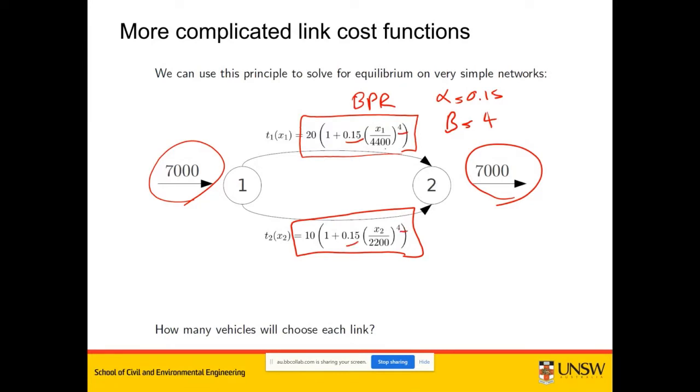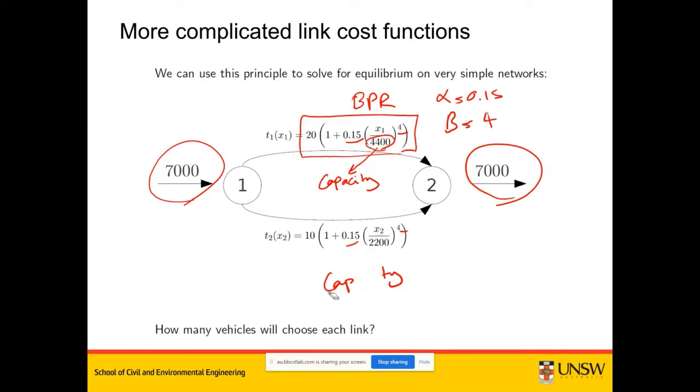And this 4,400 in the denominator, that's the capacity of link 1. And this 2,200 is also the capacity. And again, if you want to solve this problem, you can solve it by incrementally loading the network or algebraically.